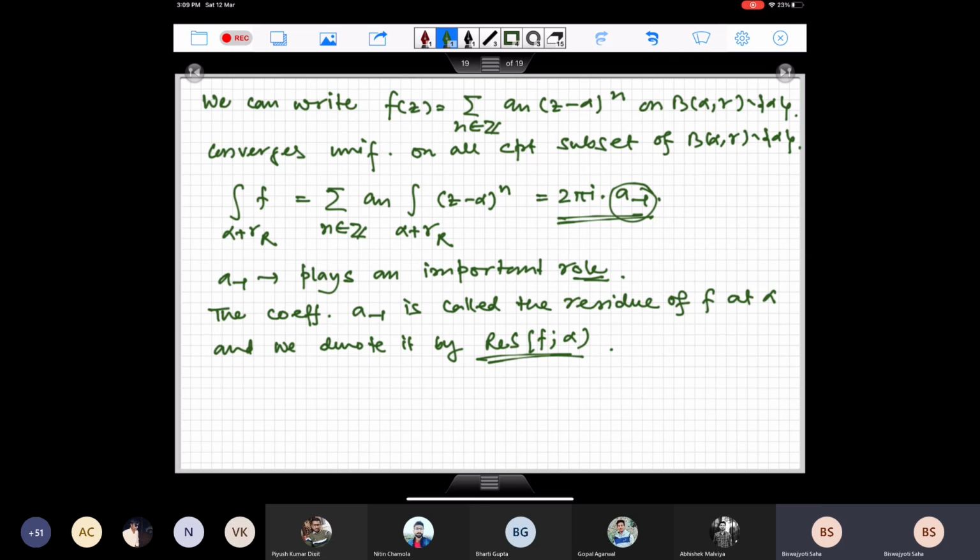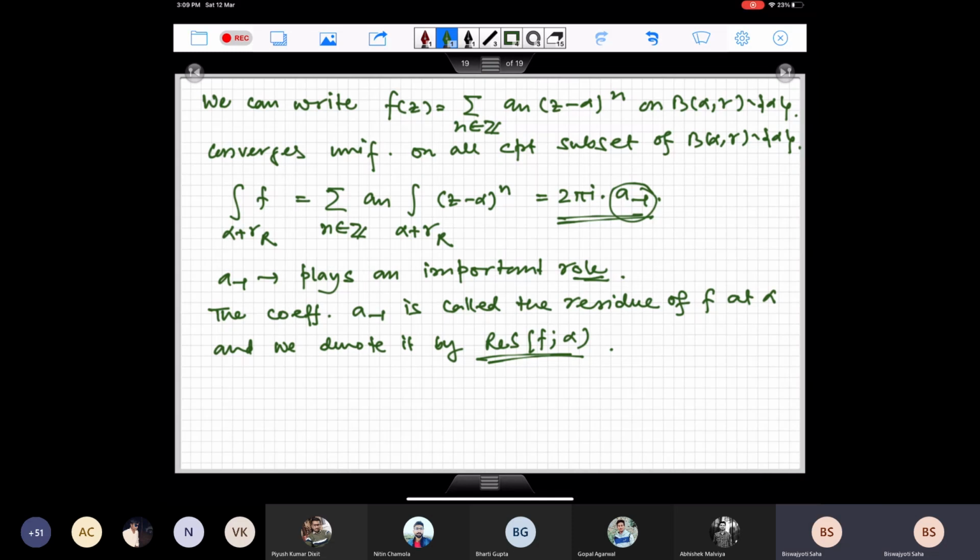So if your a minus 1 is equal to 0, your integral is going to vanish. Clear? So this one is given a special name. It's called the residue.